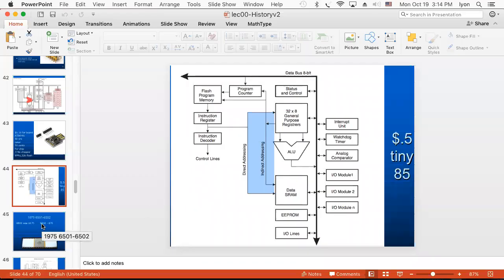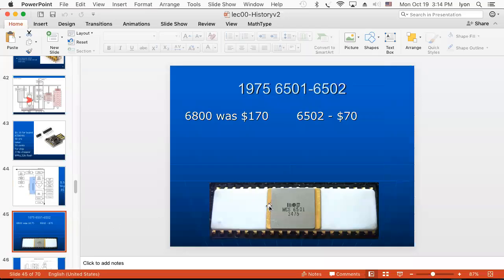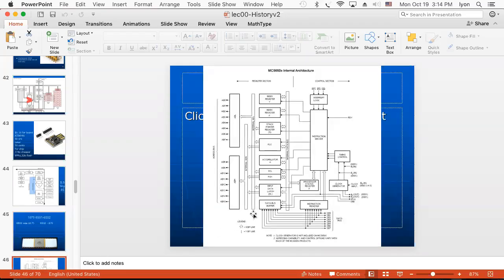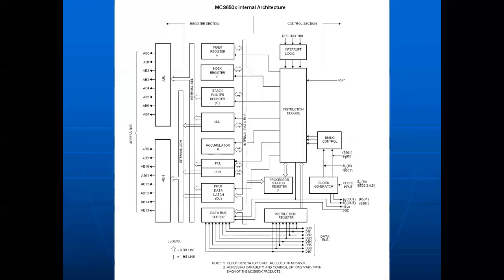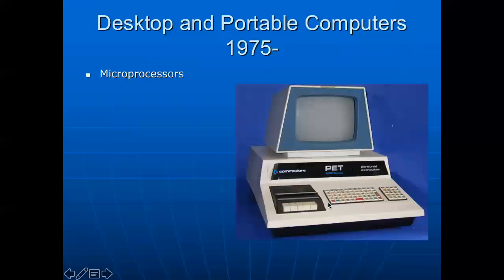When I first got started in computing, we were using the 6502. This is the 6501, and 6502s were $70, 1975. They had an architecture that was also devoid of any RAM, really just registers. And this is the kind of computer you could get back then.